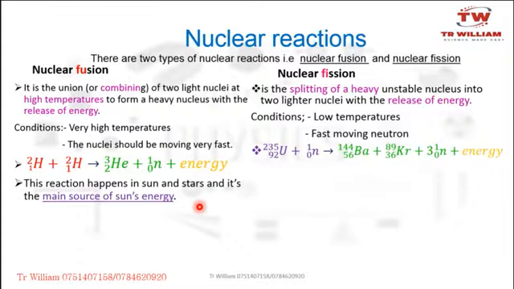So next time the question comes asking you to explain where the sun gets its energy from, you should know that the sun gets its energy from nuclear fusion happening in its core, whereby hydrogen atoms fuse to produce helium atoms, or helium atoms fuse to produce lithium, and so on.